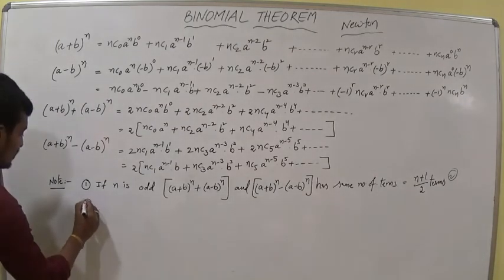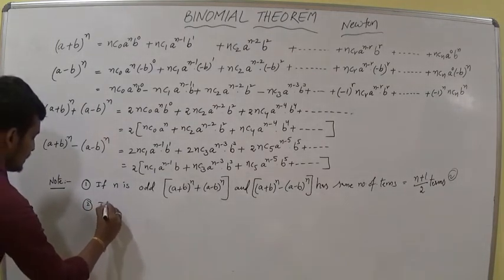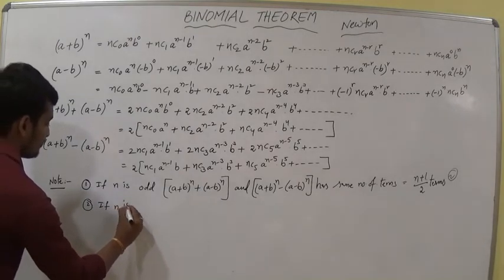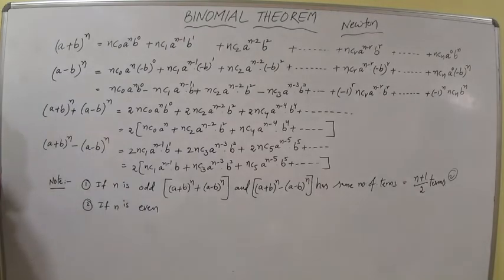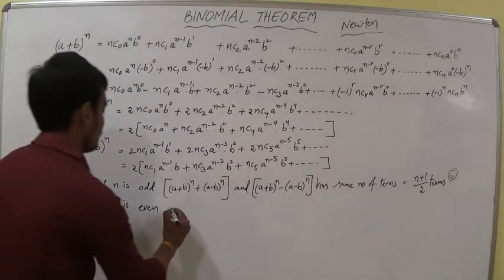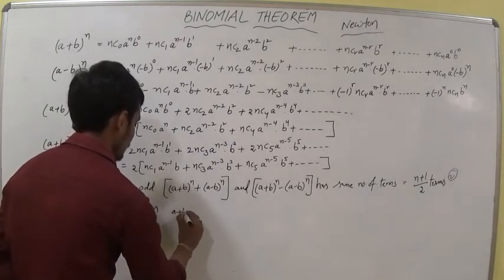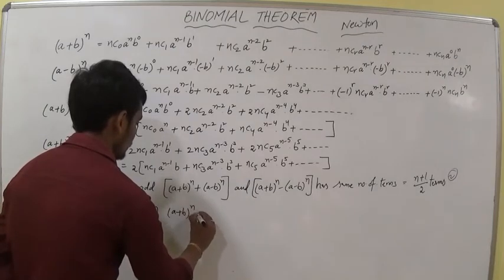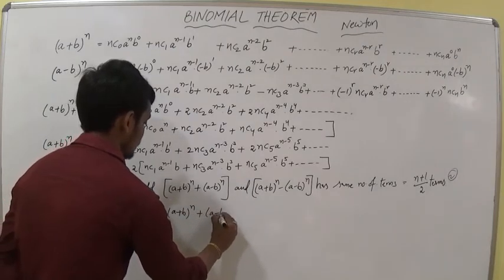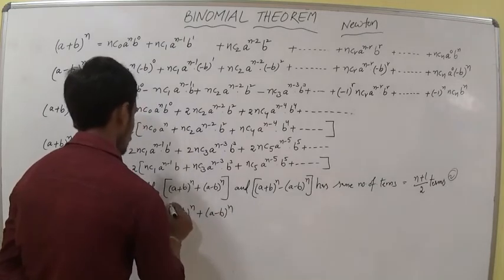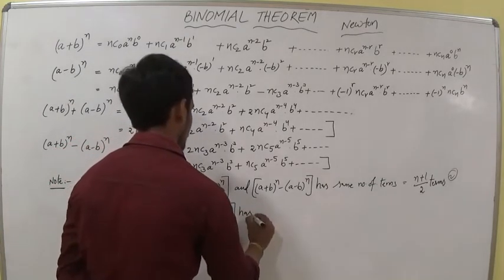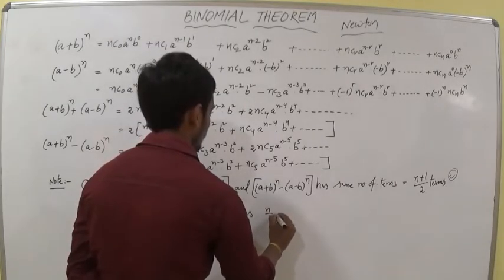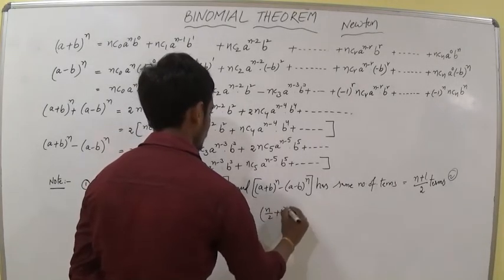Second case. If n is even, (a plus b) whole power n plus (a minus b) whole power n has n by 2 plus 1 terms.